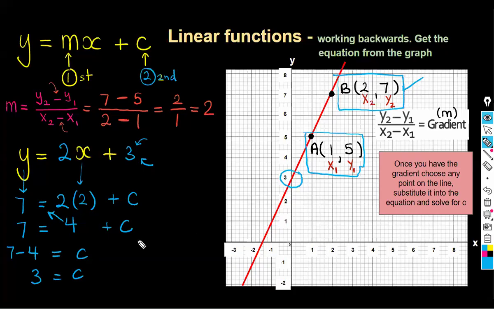It's how much? 3. I would have gotten 3 anyway. In a case like this, because we could physically see the line slicing the y-axis at 3, the examiner will not care if you look at where it slices the y-axis or whether you do the full calculation. Either way, you're getting the same amount of marks, right?